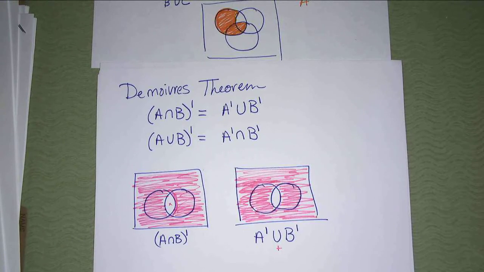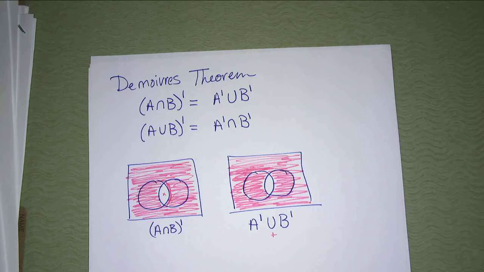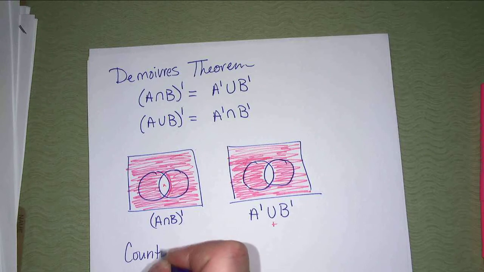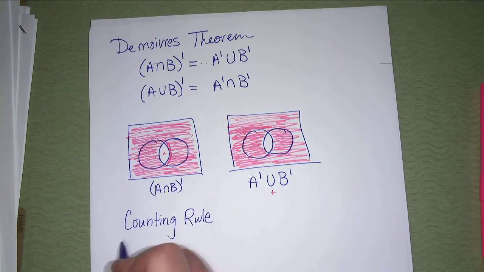Sometimes it's useful if you have a prime outside of the bracket, you can put it in and you just change any signs that are in it. And the next is the counting rule for two sets.